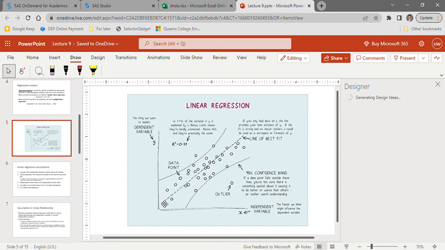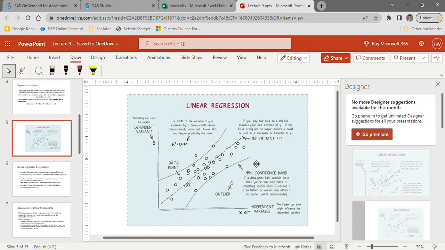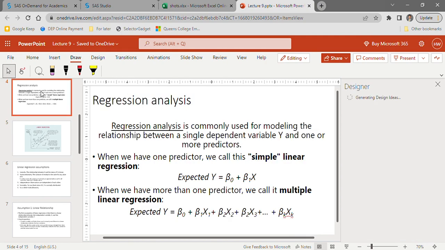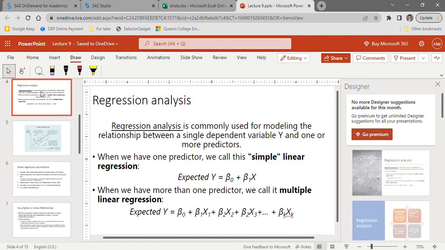Ultimately, when you have multiple predictor variables, you have multiple lines of best fit. So for the time being, just concern yourself with simple linear regression. No need to jump into multiple regression just yet, because we're going to go into detail on that in the future. All right?